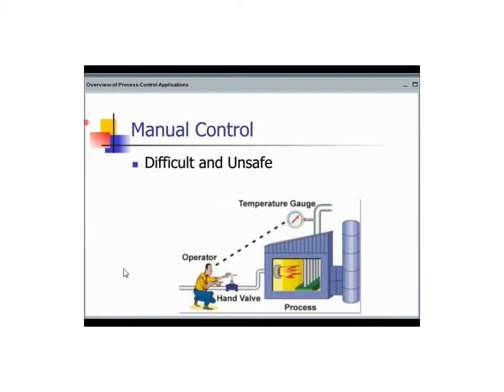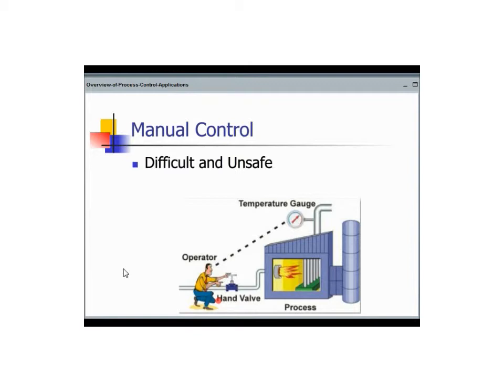Let's go into a little bit of background of how process control started in the 1950s. At that time it was all manual control, meaning somebody would look at the sensors and see what the reading was. They would manually change the valve, as shown in this cartoon. The man in the cartoon is smiling, but that's not usually the case.